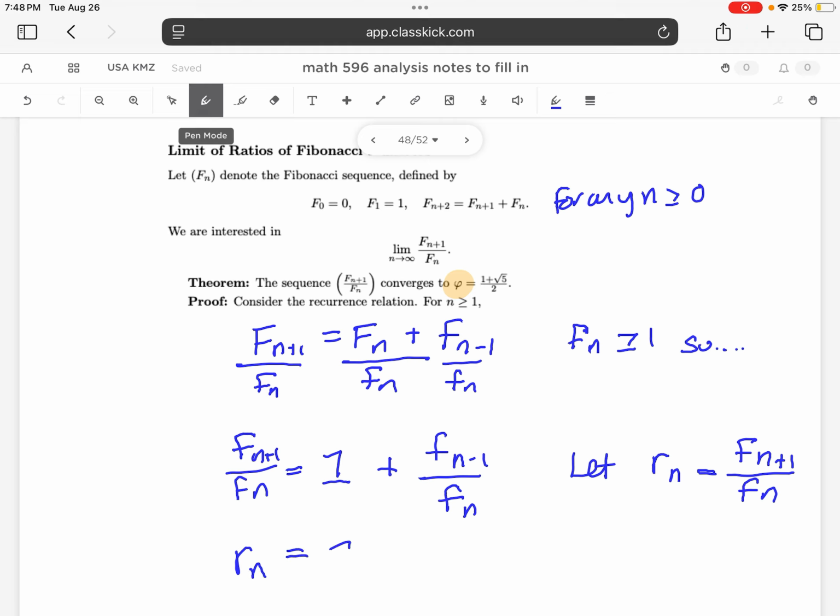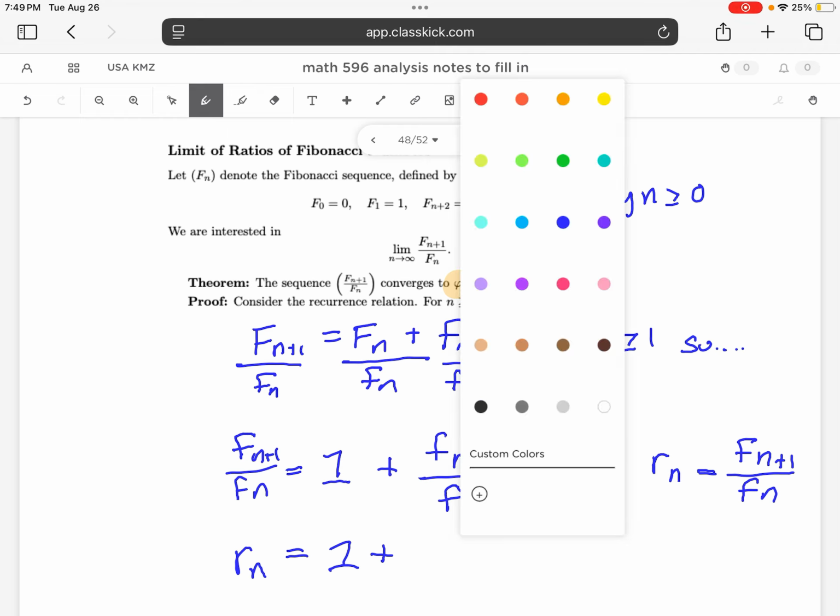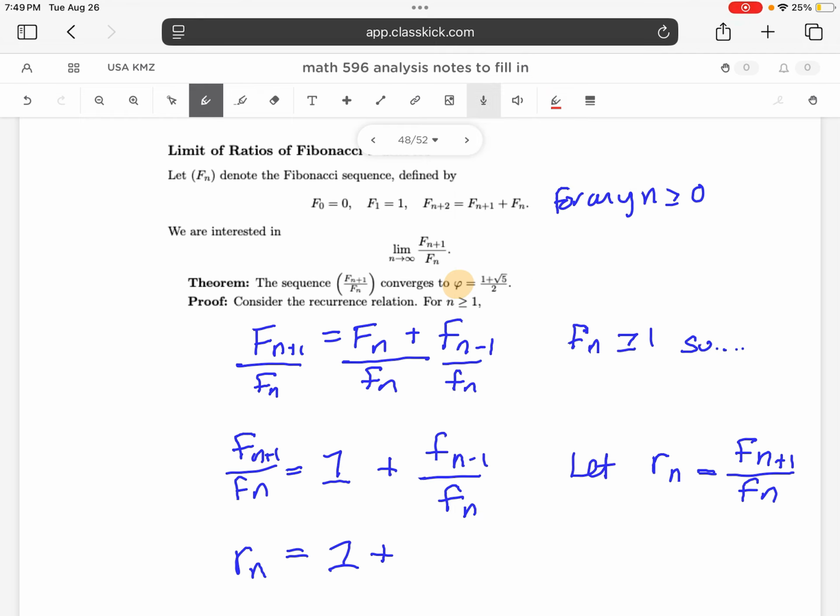So r sub n is equal to 1 plus this ratio, which almost looks a little bit like r sub n, right? Except it's flipped upside down for starters, and also the index is 1 off. Instead of being f of n plus 1 over f of n, it's f of n over f of n minus 1. But really that just means that because r sub n is equal to f of n plus 1 over f of n, then r sub n minus 1 is equal to f of n over f of n minus 1.